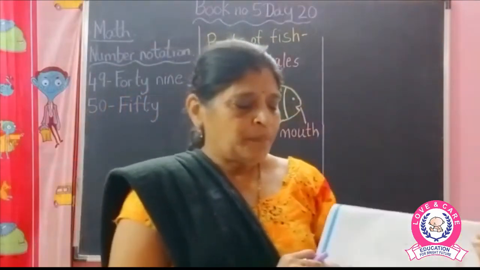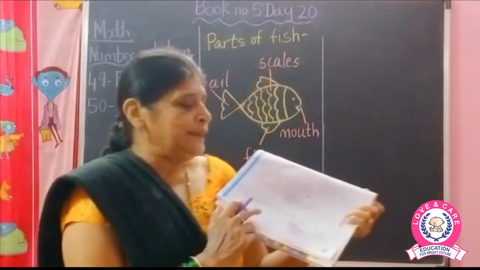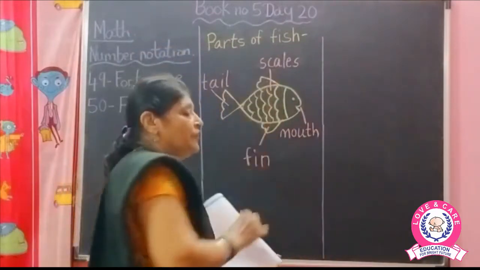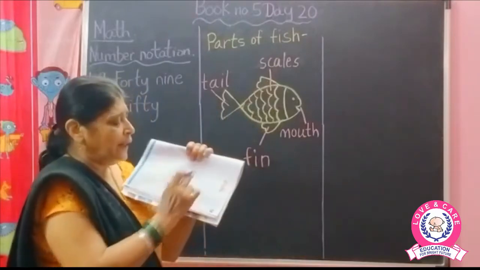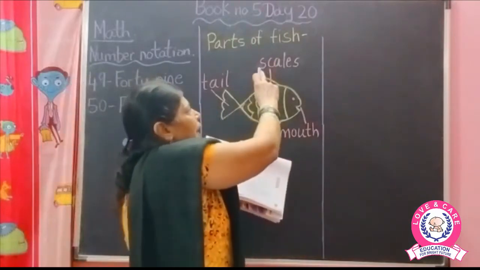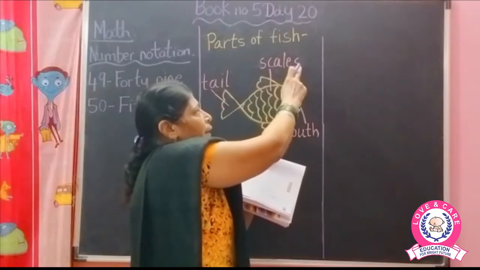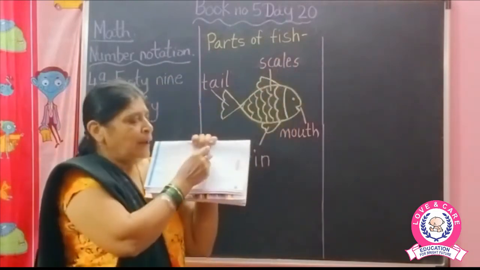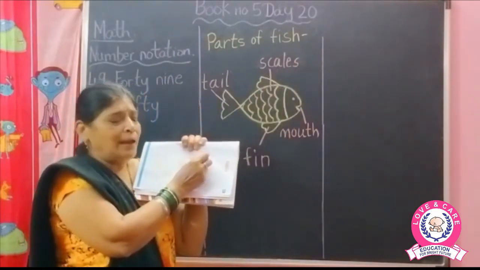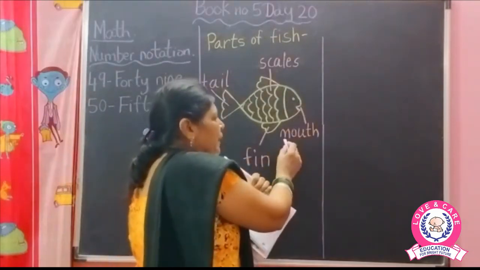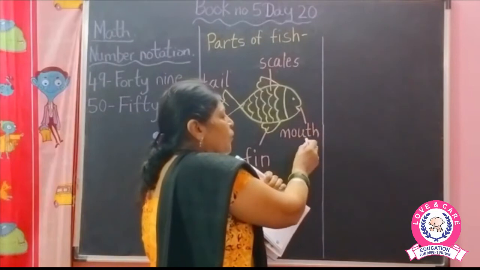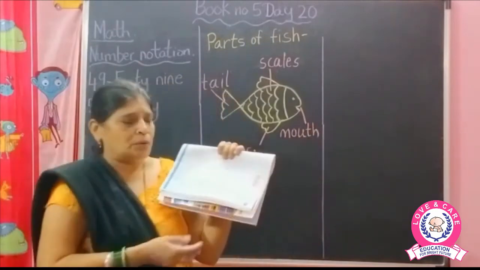Now here, turn to the next page. See here, parts of the fish. See here, fish is drawn, तो आपको parts of the fish लिखना है. Here, scale, S-C-A-L-E-S, scale. Now this is a mouth, so the spelling of mouth, M-O-U-T-H, mouth.